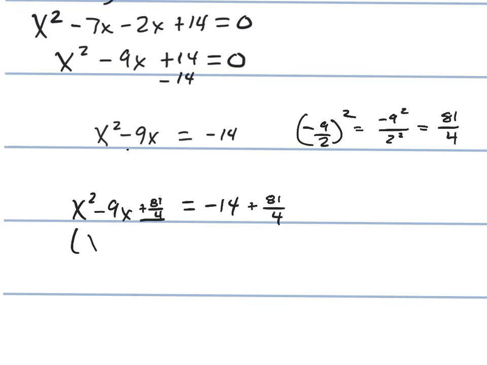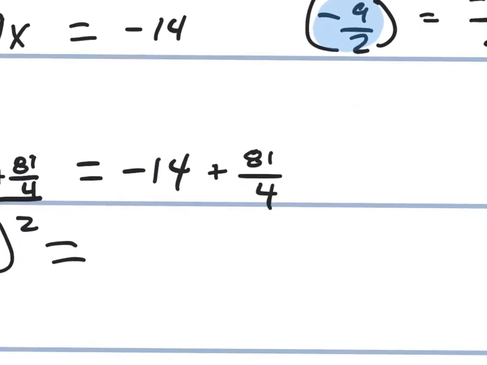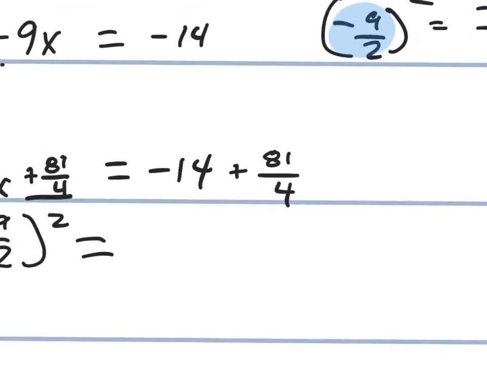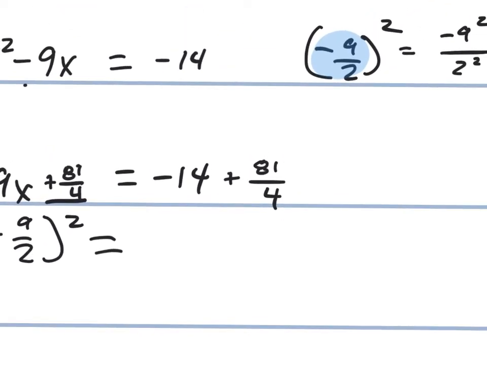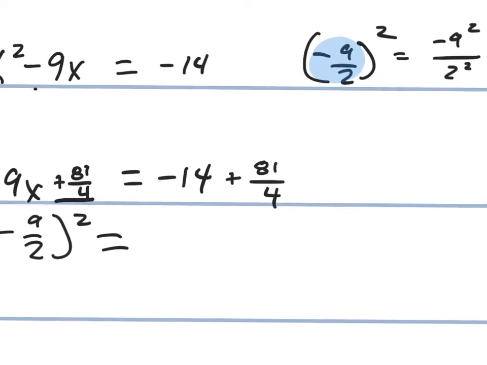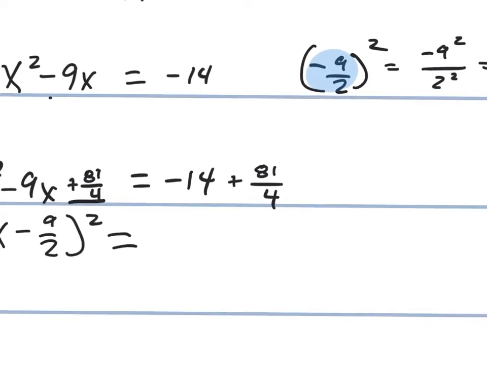It becomes x, remember this number that we used before? Minus 9 halves, squared, is equal to, now we need to figure out what this is. Negative 14 plus 81 over 4. How am I going to do that? How do I add those together? Okay, good.